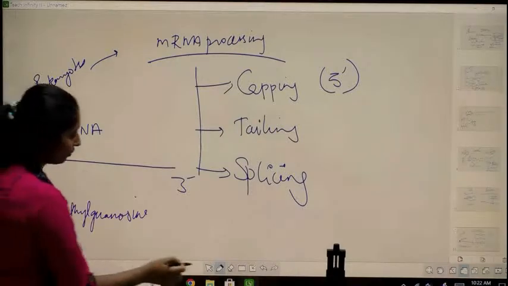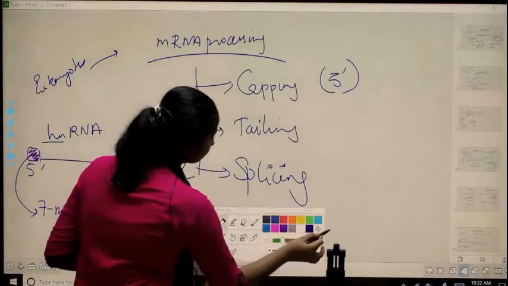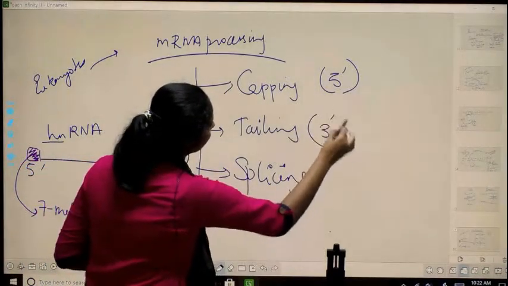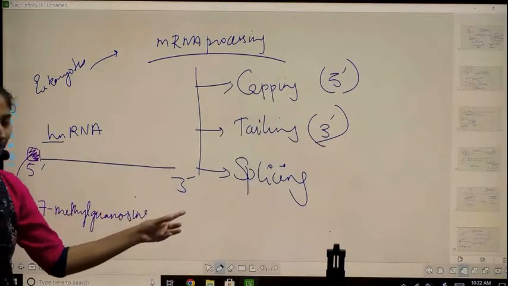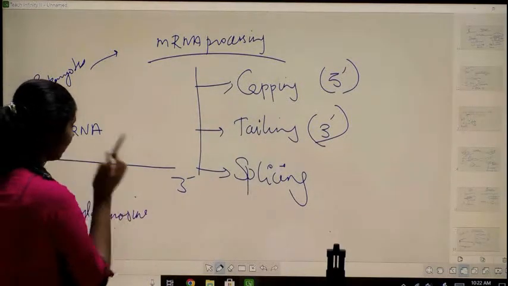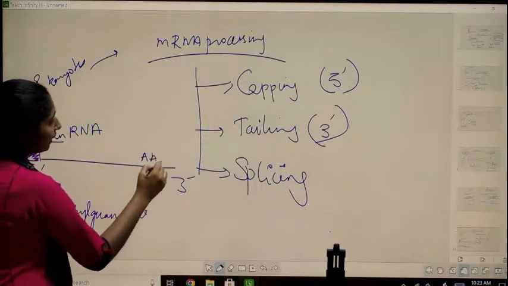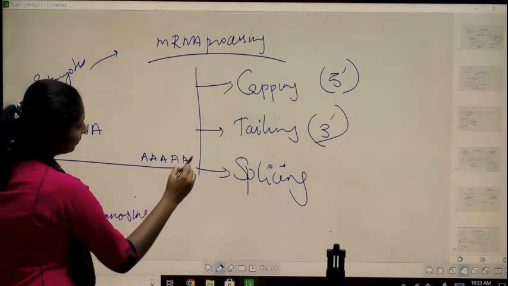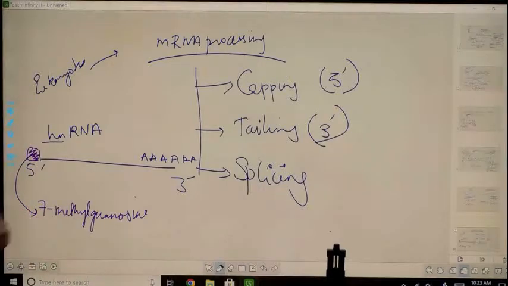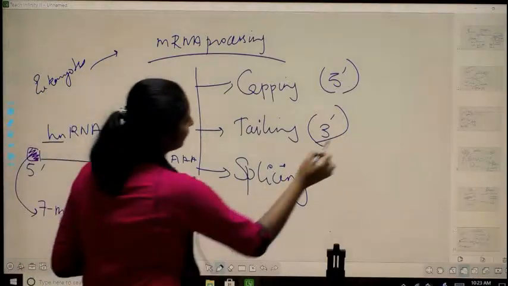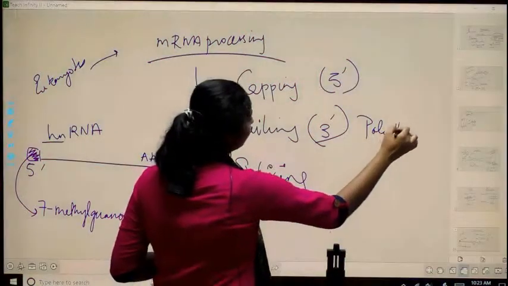And the process of tailing, a poly A tail is added to the 3' end, right? So to the 3' end, we are going to add a poly A tail, right? So there is a stretch of adenine that will be added to the 3' end, right? So here poly A tail is added.